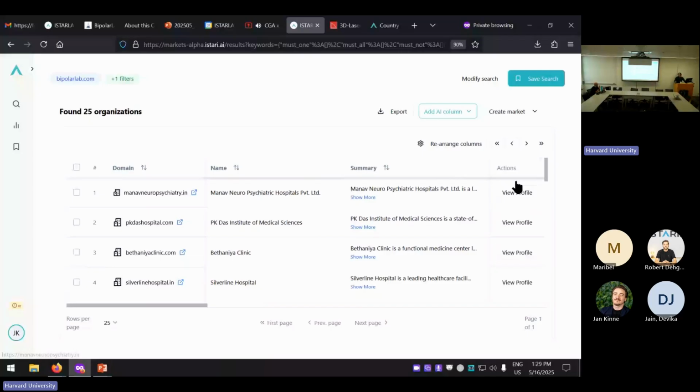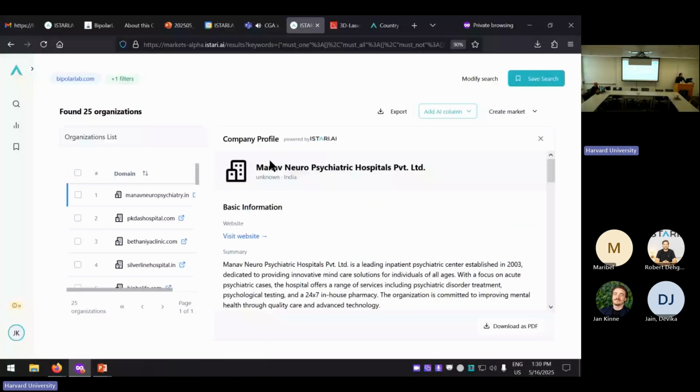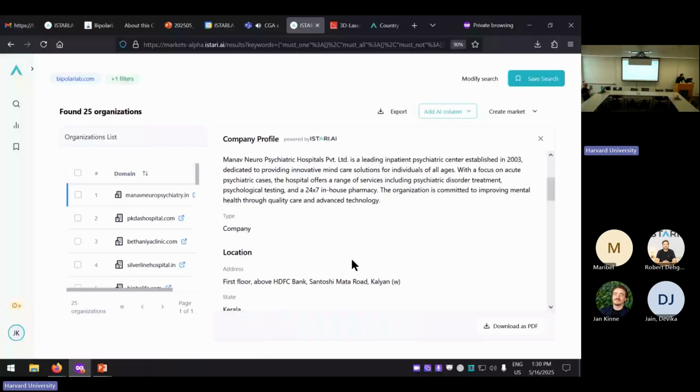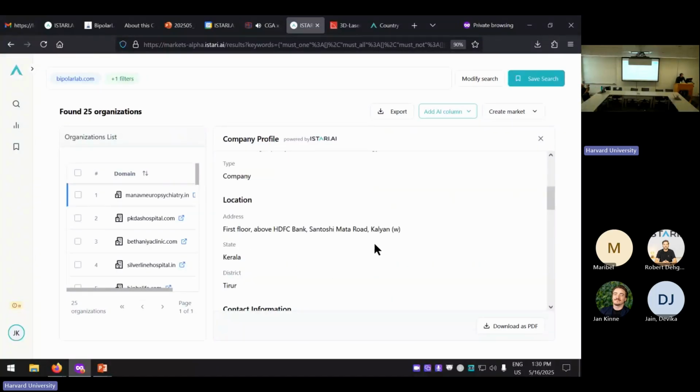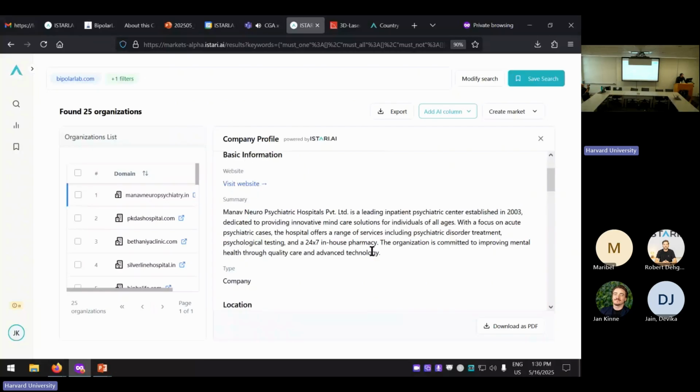Manav. Manav, it's perfect. It's the guy we were just talking about. Manav Neuropsychiatry Hospital. They are located in Kerala, first floor above HDFC Bank. And it's a leading inpatient psychiatric center established in 2023, dedicated to providing innovative mind care solutions on acute psychiatric cases.